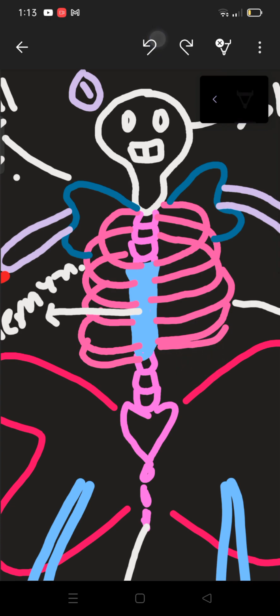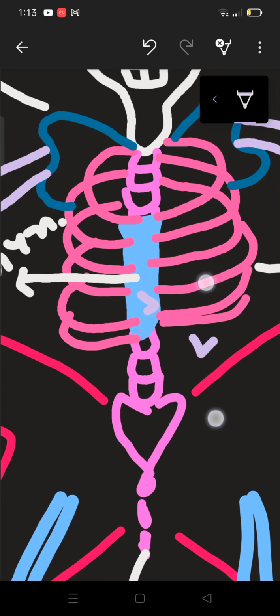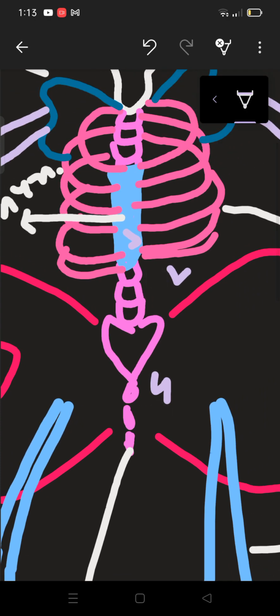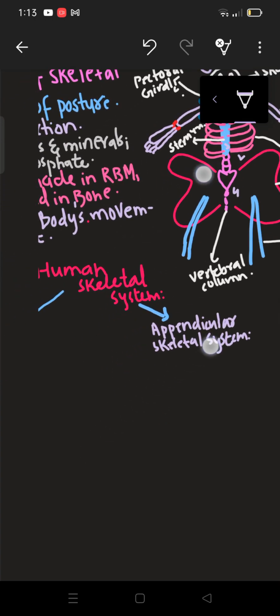Third one is the sternum. Then we have the vertebral column. As you can see, these are present in the center. So what have we counted so far? Skull, vertebral column, sternum and ribs. These lie in the center of the body. The bones in the center of the body are counted in the axial skeletal system.